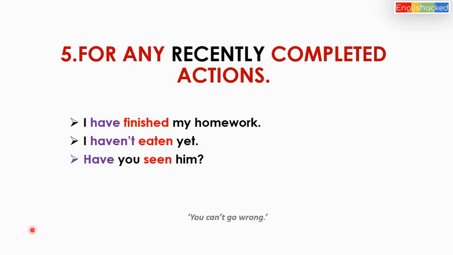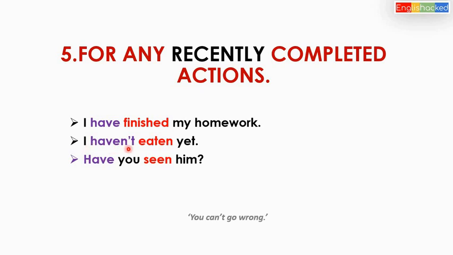Sorry, let me go back a bit. I haven't eaten yet. Have you seen him? It can be completed or not completed. Somebody can ask you, have you eaten yet? No, I haven't eaten yet. It is recent. Maybe they had lunch a few minutes ago and are asking if you've eaten.